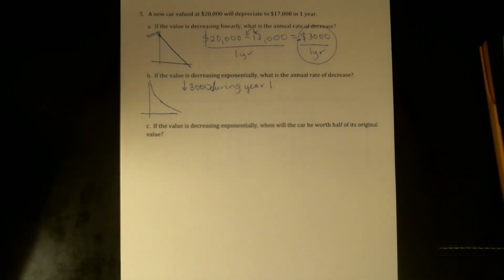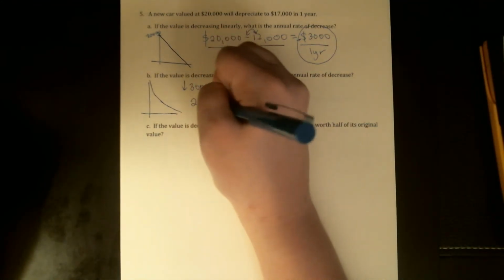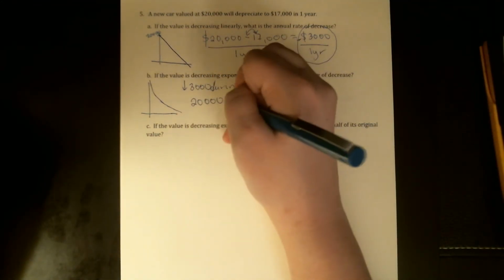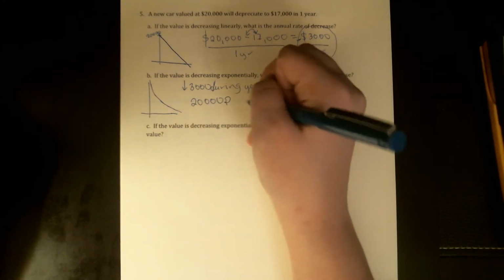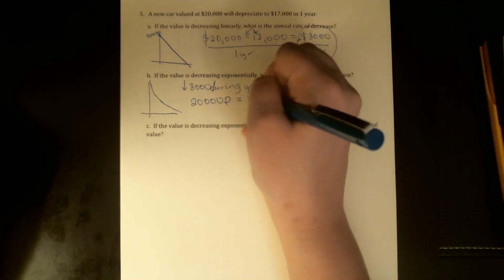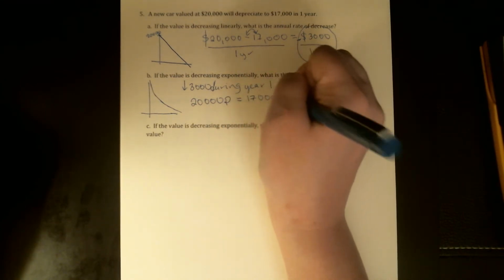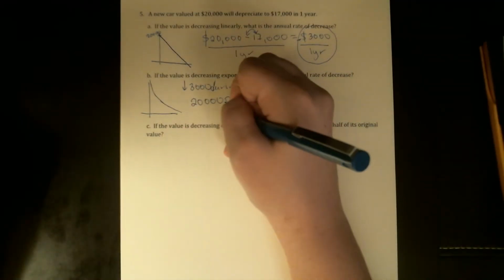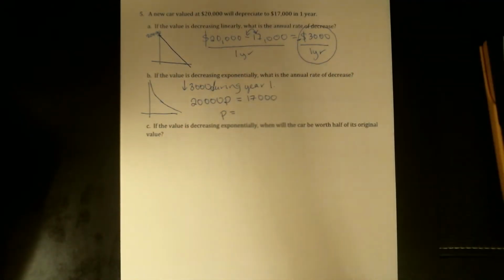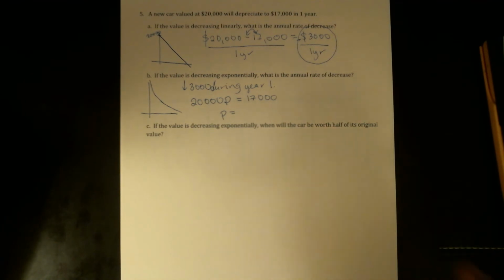Okay, so what we really need is percent increase, percent decrease. And actually, I would say the easiest way to get that isn't even using the $3,000. We want to know if something started at $20,000 and we took some percent P of that and ended up with $17,000. What percent of our initial amount is 17,000?